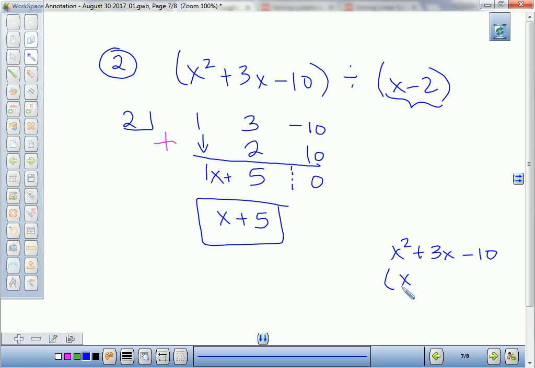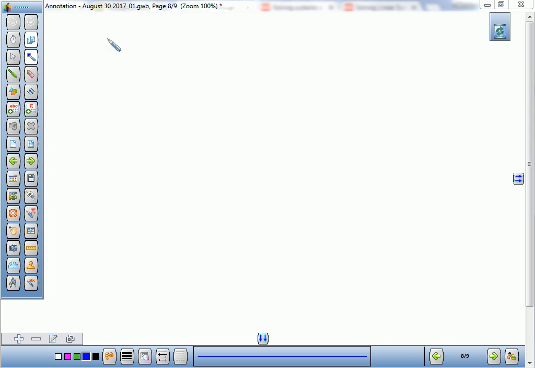And you would have gone, ooh, that factors to x plus 5 times x minus 2, because 5 times negative 2 is negative 10, and 5 plus negative 2 is positive 3. So do you see how when we get a remainder of 0, both the divisor and the quotient are factors of the dividend?